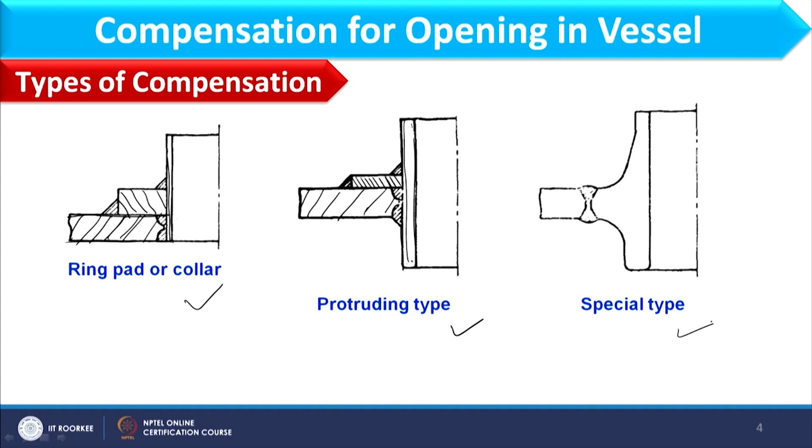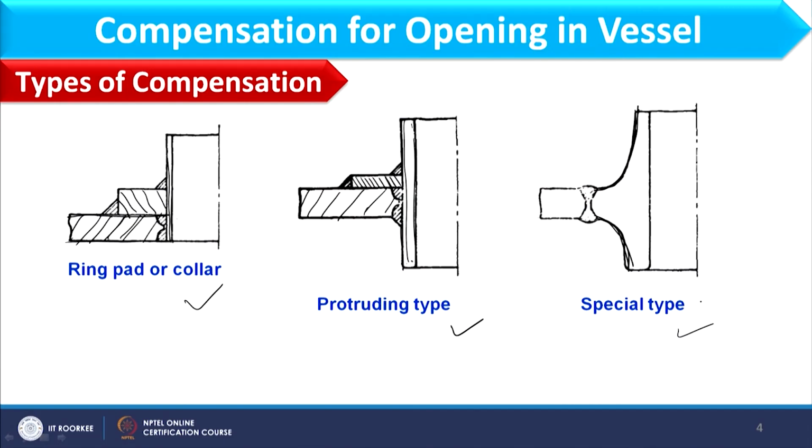And here we have a special type of compensation. What is special over here is that whatever material we are considering has a continuous curvature. So, that curvature will give proper distribution of stress. This is especially used when I have to make a radiographed joint.